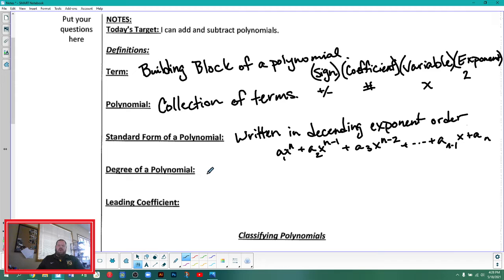The degree of a polynomial, once we have it written in standard form, is the highest exponent. So if the biggest exponent I have is x cubed, then the degree is 3.